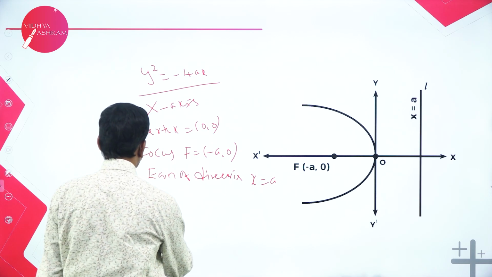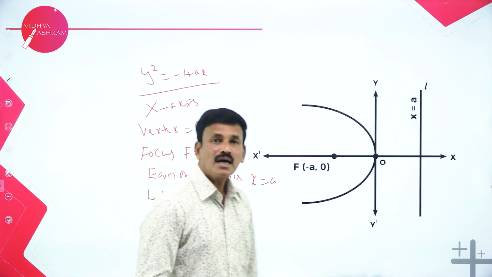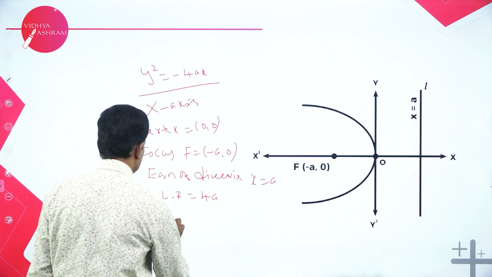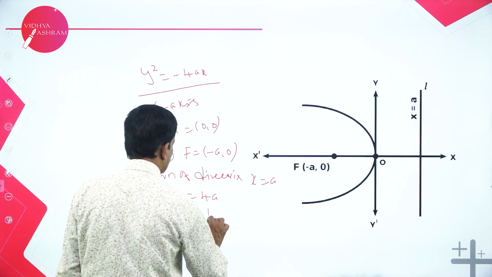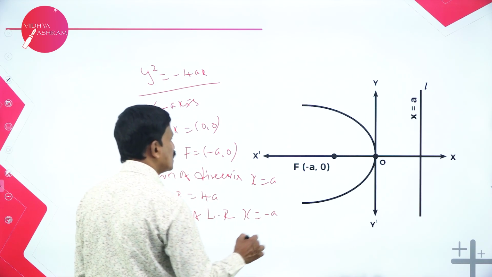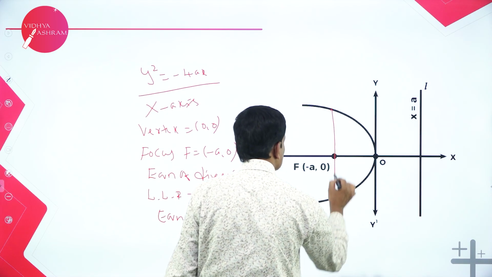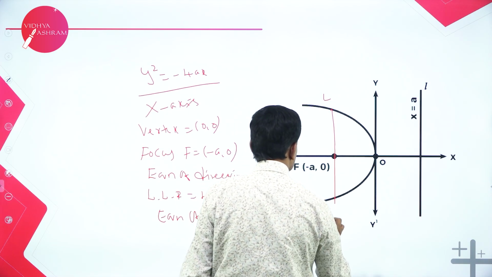And the length of the latus rectum is equal to 4a, and the equation of the latus rectum in this case is x is equal to minus a. The ends of the latus rectum are L and L dash.